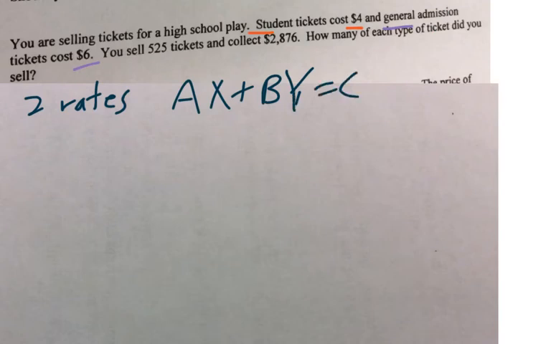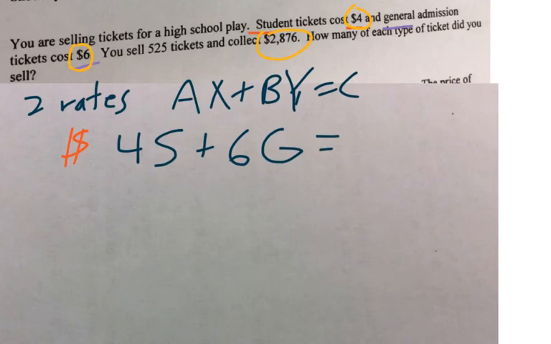All right, so my first equation is going to be using money. So just looking at the money numbers, I see $4, $6, and $2,876. So I'm going to write an equation just with money. And that would be $4 for each student ticket, plus $6 for each general admission ticket, equals a total of $2,876.